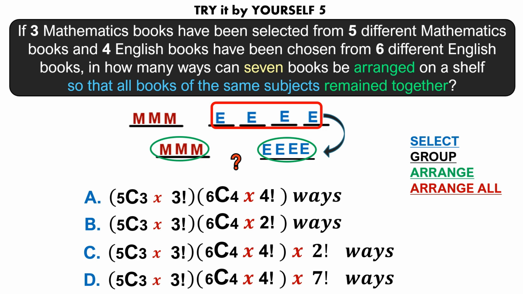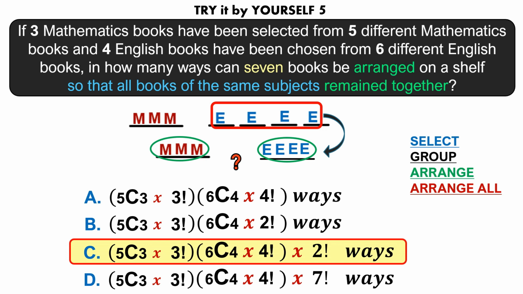Okay, and the answer is letter C: quantity 5 choose 3 times 3 factorial times quantity 6 choose 4 times 4 factorial times 2 factorial. And this is equivalent to 43,200 ways. And you are correct. Good job.